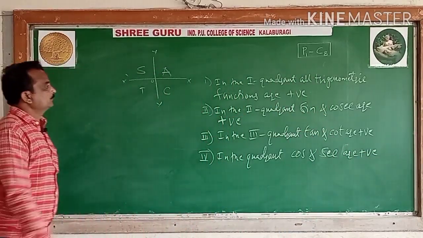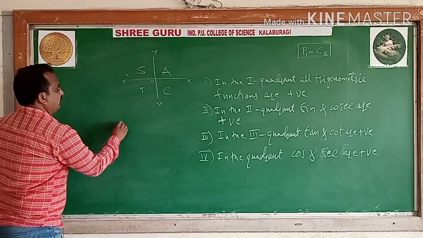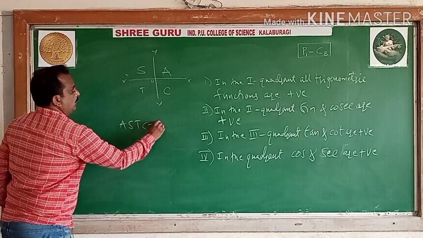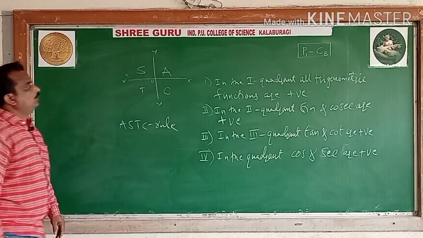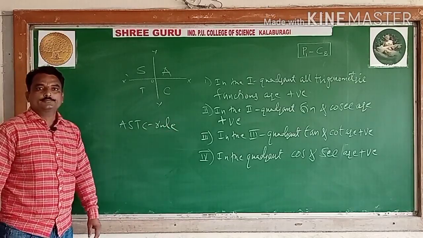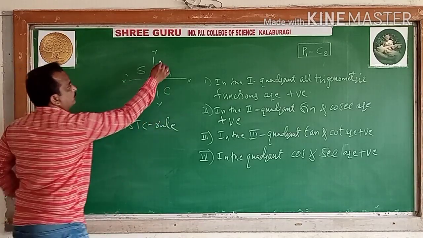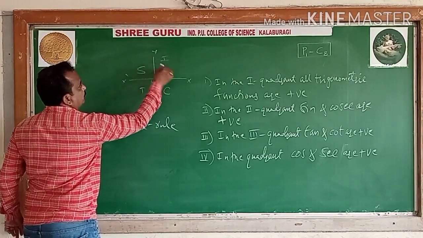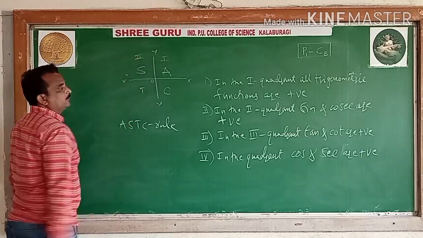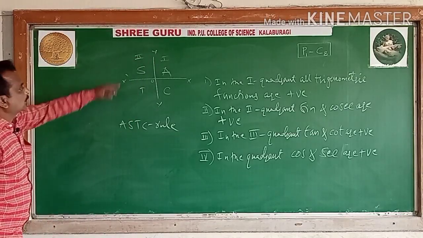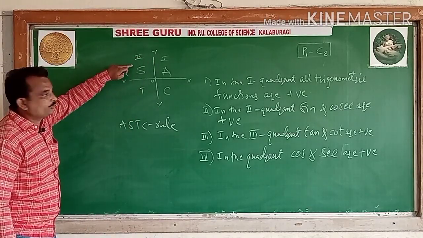See the students, this is known as the ASTC rule. All are positive in the first quadrant. Only sin theta and cosecant are positive in the second quadrant. Only sin theta and the reciprocal of sin, cosecant, are positive in the second quadrant.